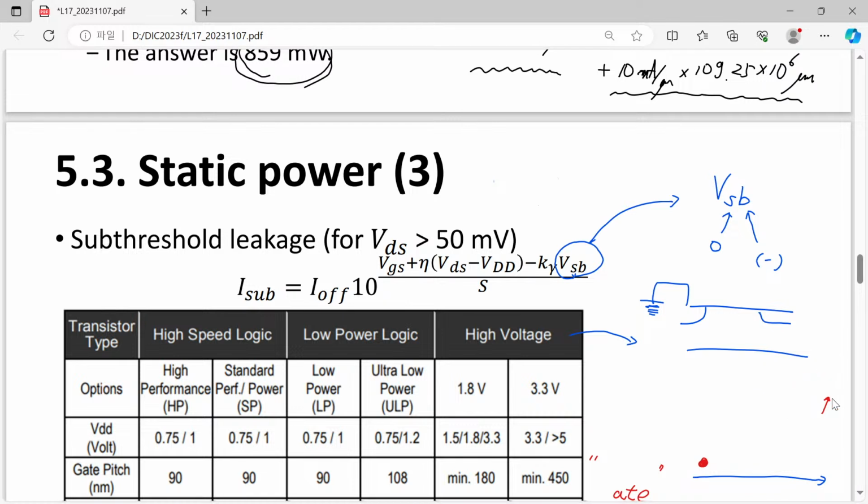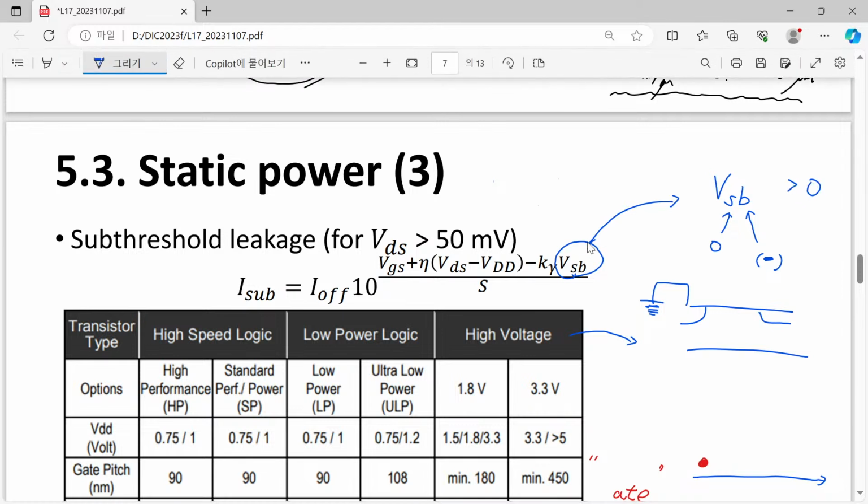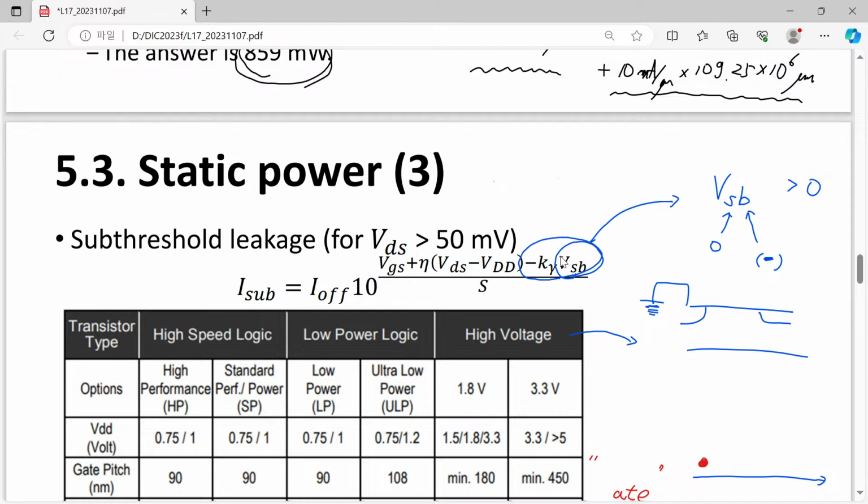Since the reference is body contact, when we apply negative voltage to our p-type substrate, now it becomes positive. When it becomes positive, you can see that this one will give a negative number, so we will have decrease of our subthreshold leakage current.